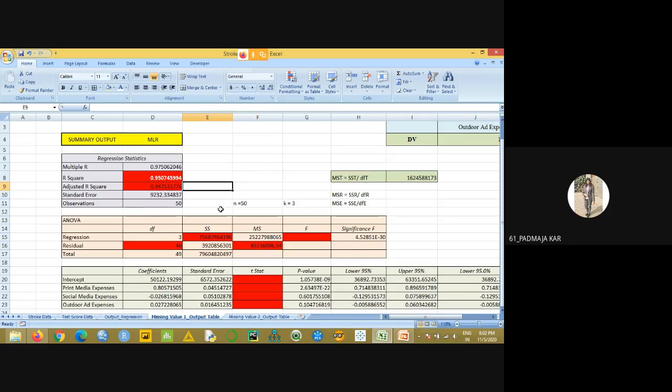Can you say the formula again, please? This is the formula of adjusted R square: 1 minus MSC divided by MST.